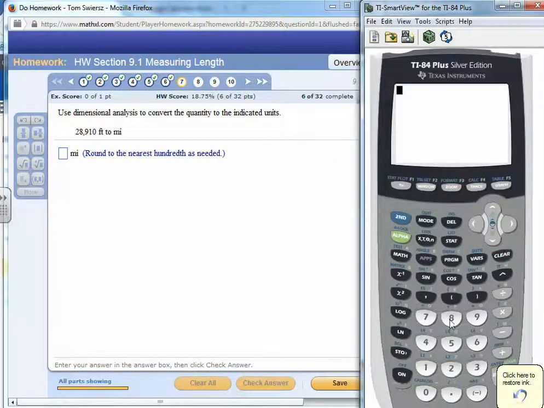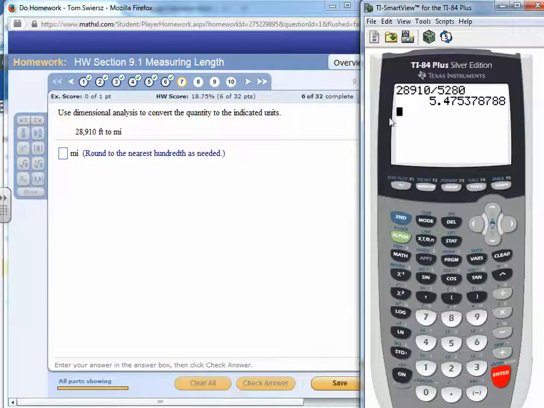So we got 28,910 divided by 5,280 feet in 1 mile. That gives 5.475.